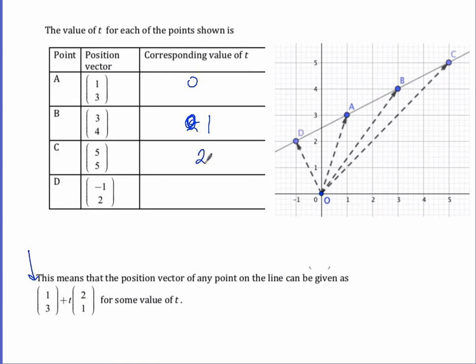And if you plug in t equals 2, you're going to get (4, 2) here. You add together, and you get points which are all on this line. If you plug in t as a fraction, you get some points in between. So this equation does indeed describe every point on this line. As always, you need the initial point, or any point on the line, and the direction vector.